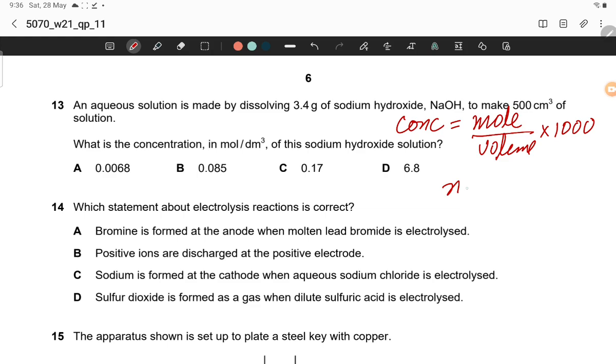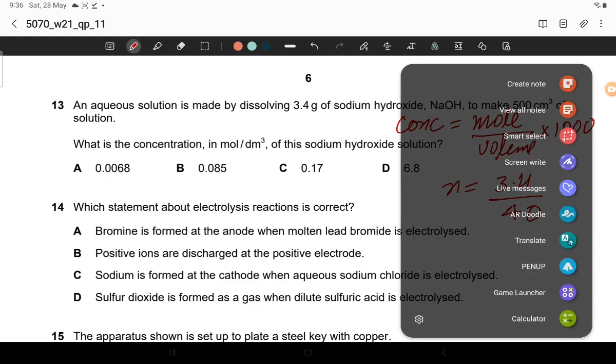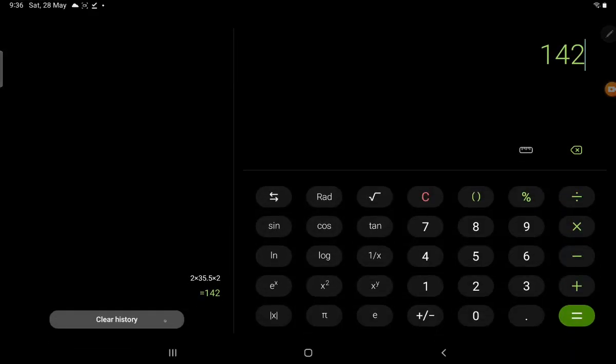So let's calculate the mole. 3.4 divided by 40 is equal to 0.085. So the volume is 500 into 1000.